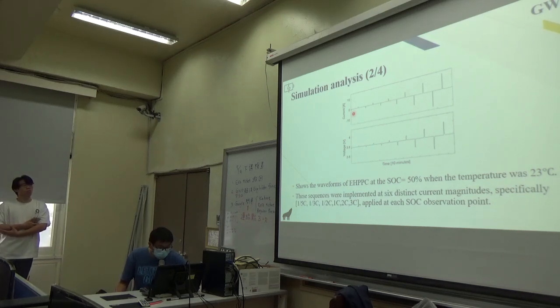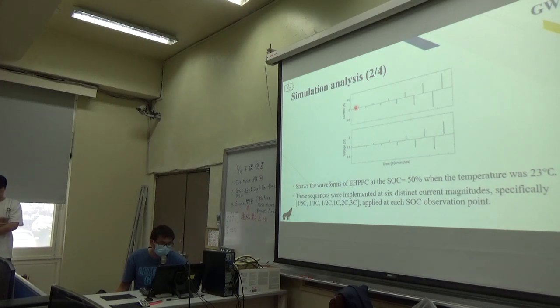Specifically 20%, 33%, 50%, 1 time, 2 times, and 3 times. This is the 20% charge. This 2 times is 33%. Applied at each SOC observation point.